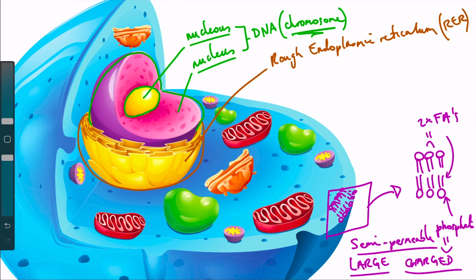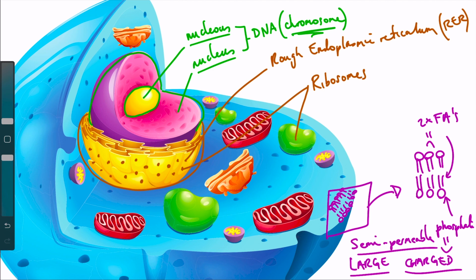Now, it's not shown in this picture, so we're going to draw it up. It's called the rough ER because it's studded by all these little dots. When you look at it under a microscope, there's all these dots on it. These dots are ribosomes. So let's label that. These are ribosomes. And you can have the ribosomes studding the rough ER, or you can have free-floating ribosomes like these ones here.